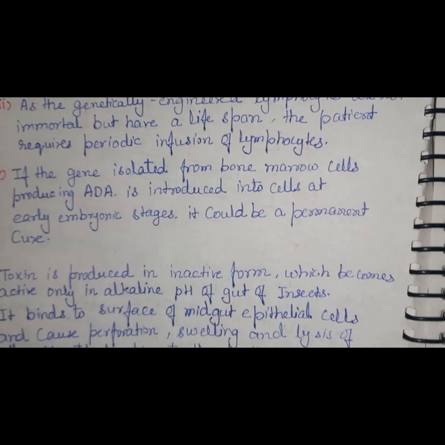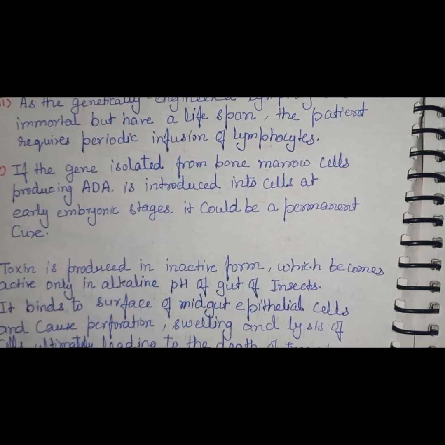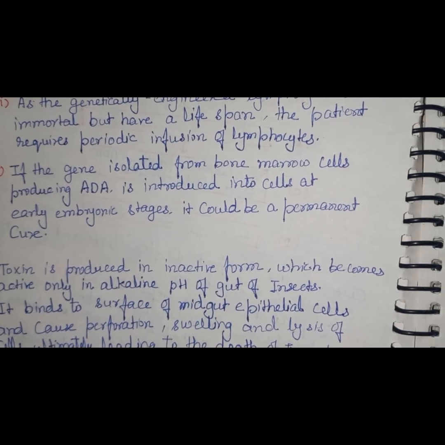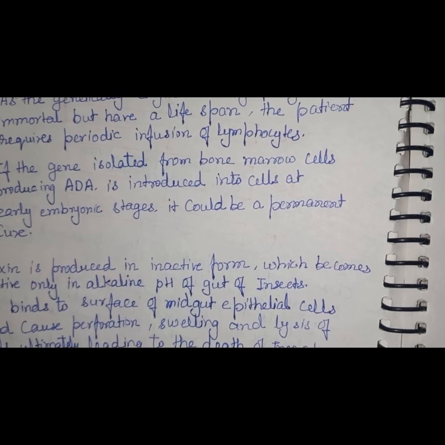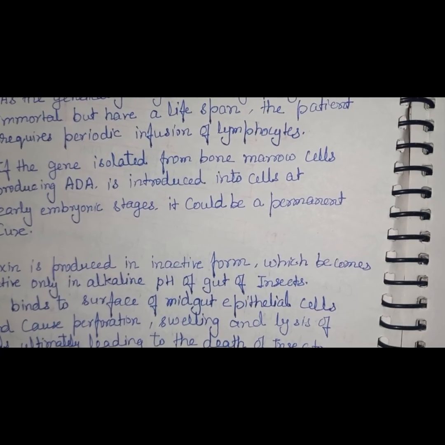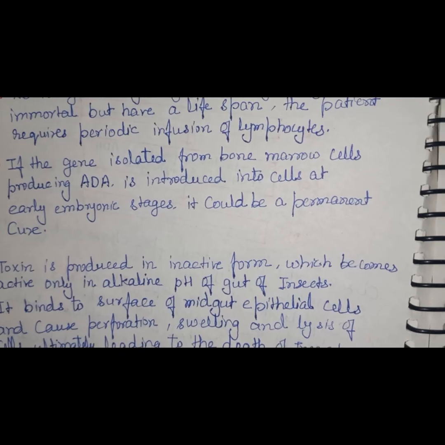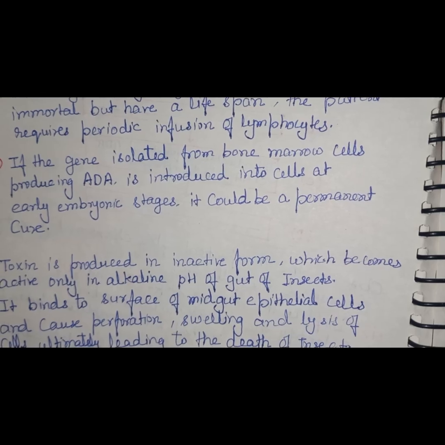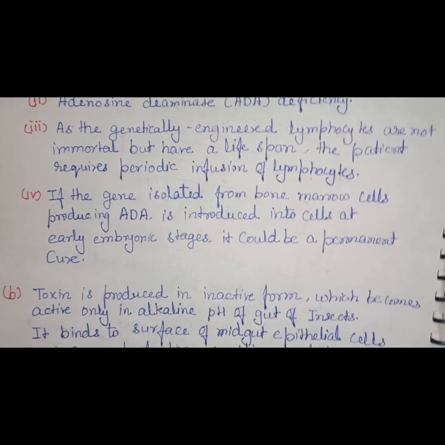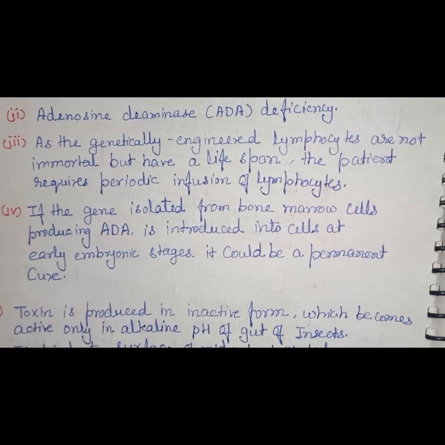The permanent cure is, if the gene is isolated from the bone marrow cells producing ADA, it is introduced into the cell at an early embryonic stage. Because of that it could be a permanent cure. So this is the proper answer to this question.